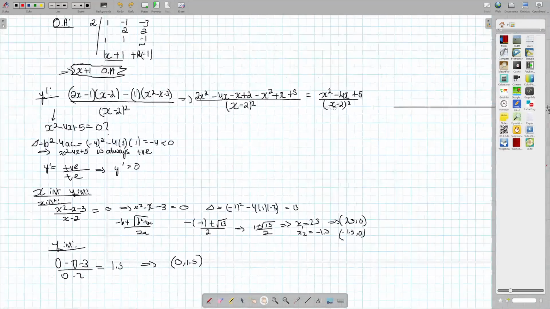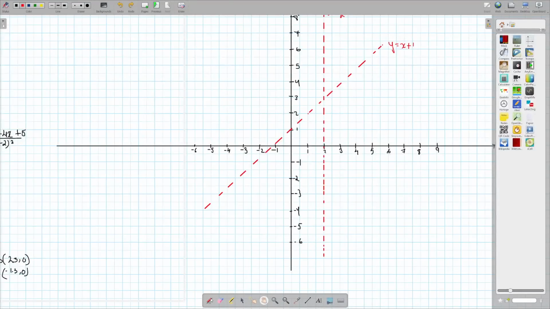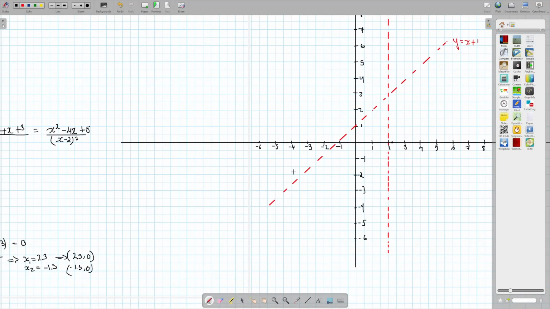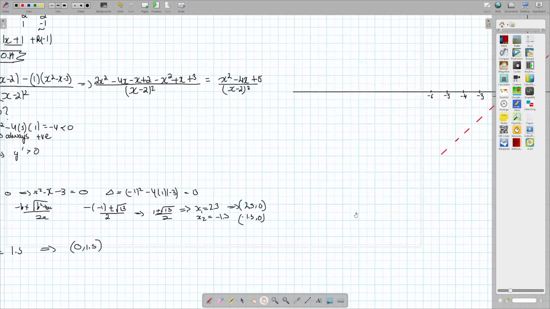So these are your 2 asymptotes. We don't have many points other than 2.3, comma 0, which is over here. And we have minus 1.3, comma 0, which is right over here, beside the asymptote.